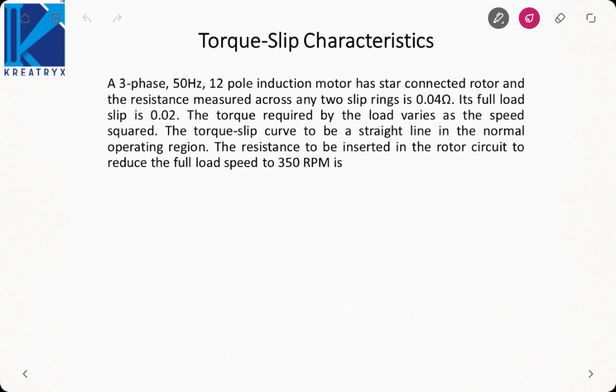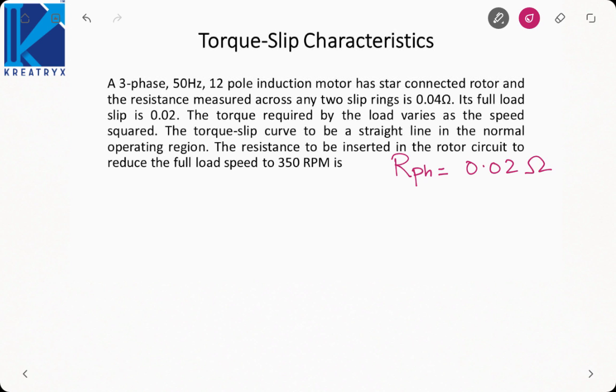In the next problem, it is saying a 3-phase 50 Hz 12-pole induction motor has a star connected rotor and the resistance measured across any two slip rings is 0.04 ohm. As I told you in synchronous machine also, when the winding is star connected, the per phase resistance is measured upon 2.